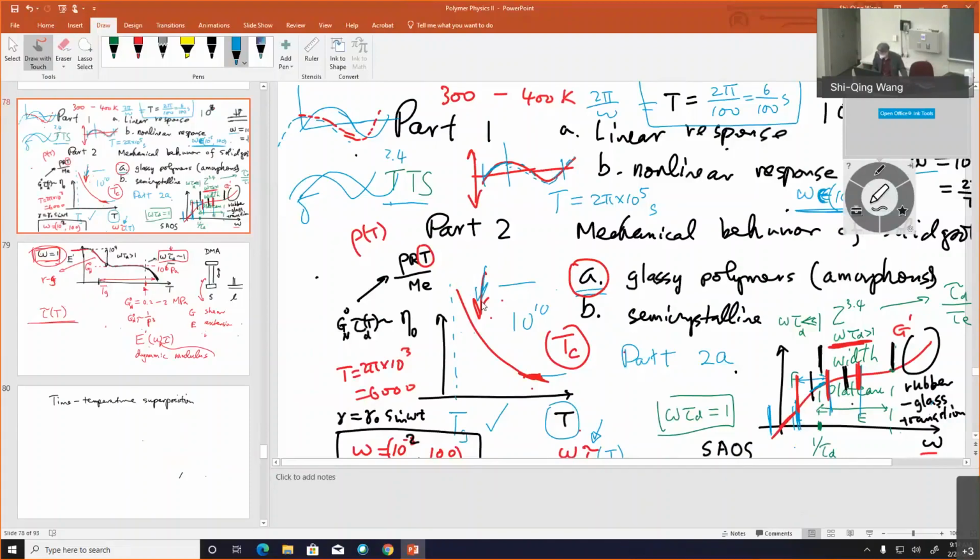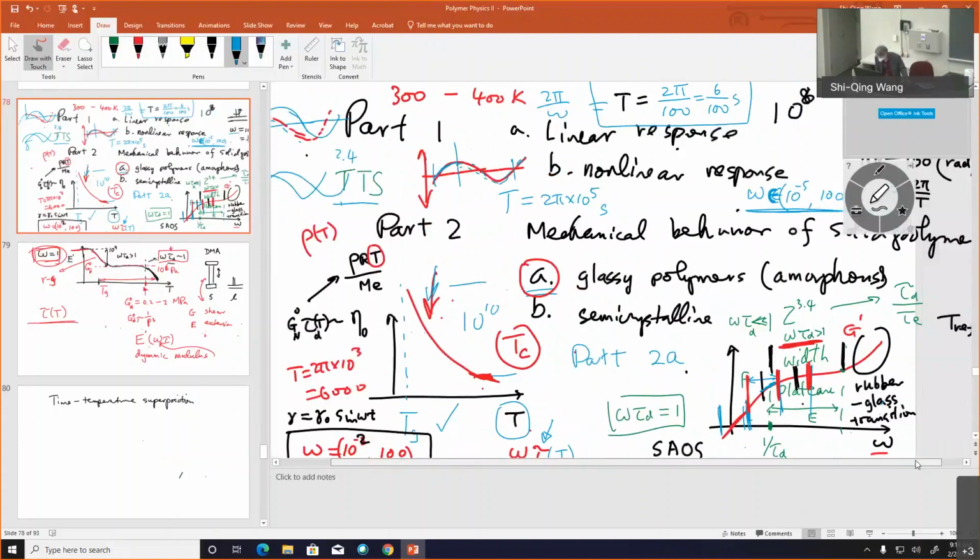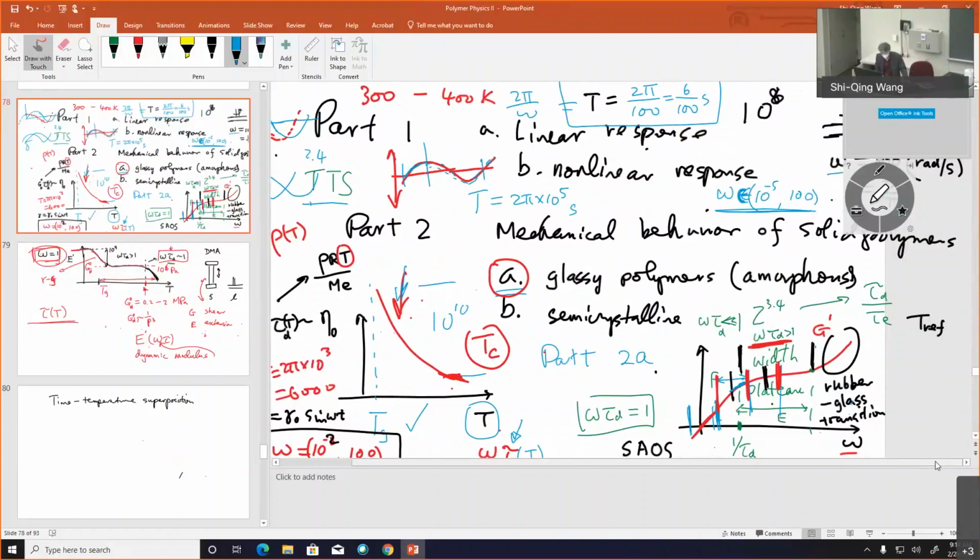We can speak about a very essential, I see my thing shifted, this so-called reference temperature. So what do I mean when I say I present this whole, what we call master curve? It involves many measurements over many different temperatures. What do I mean by a reference temperature?